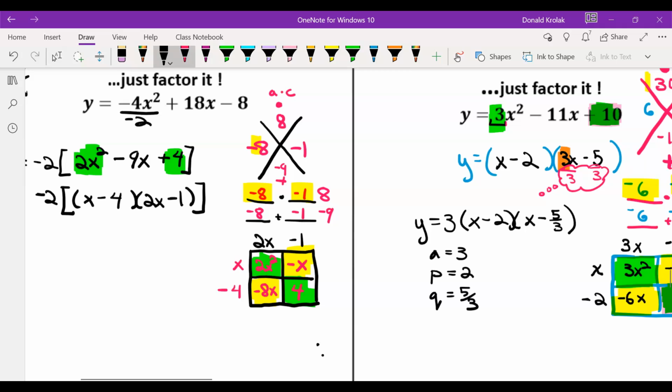Okay, almost done. We just have this 2 right here you've got to get rid of. So we're going to factor out a 2. Now that 2 comes all the way out front.